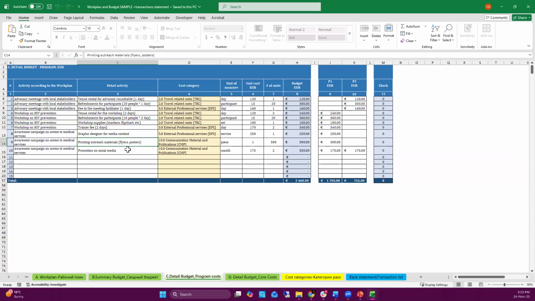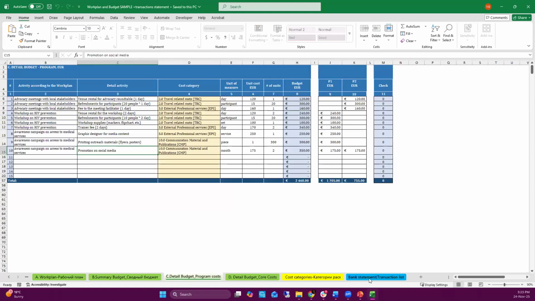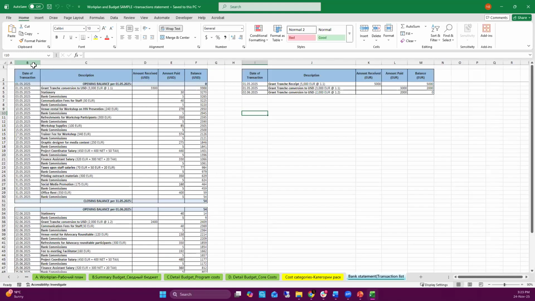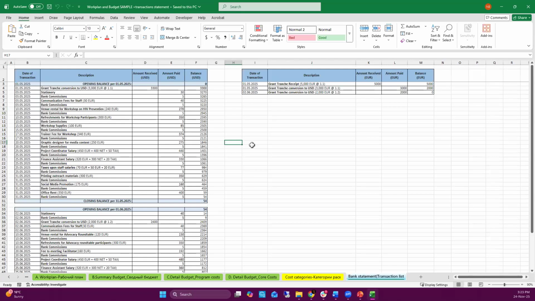We need to print out those materials, and we plan to promote this on social media. What we have on the admin side is office rent, some stationery, some communication fees for the project staff, and bank commissions. And we have 2 staff involved in the project, a coordinator and an accountant. Now let's say that this part is our bank statement.